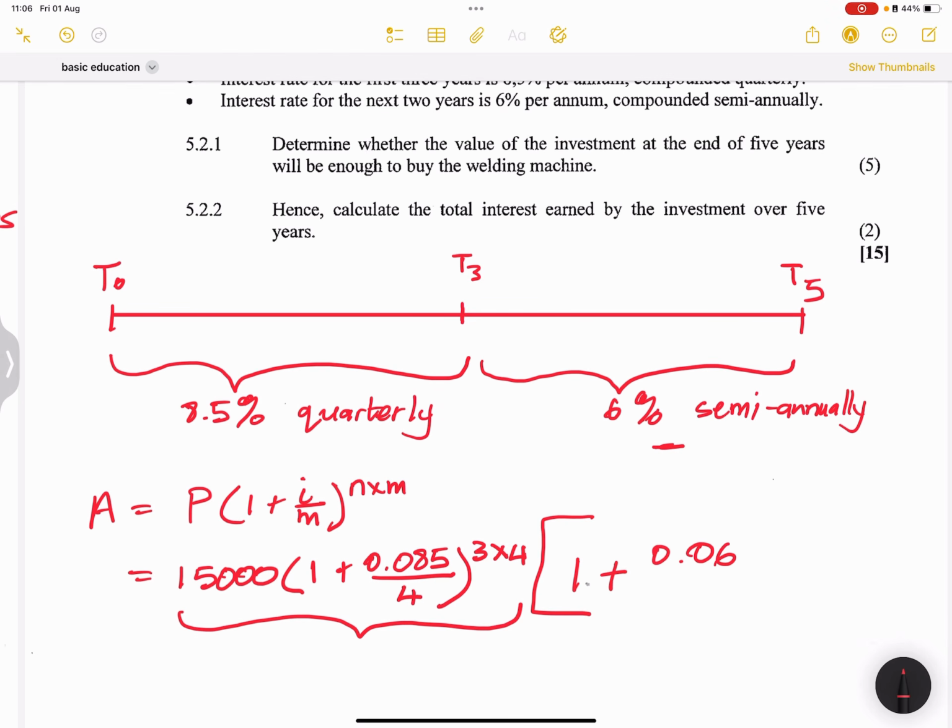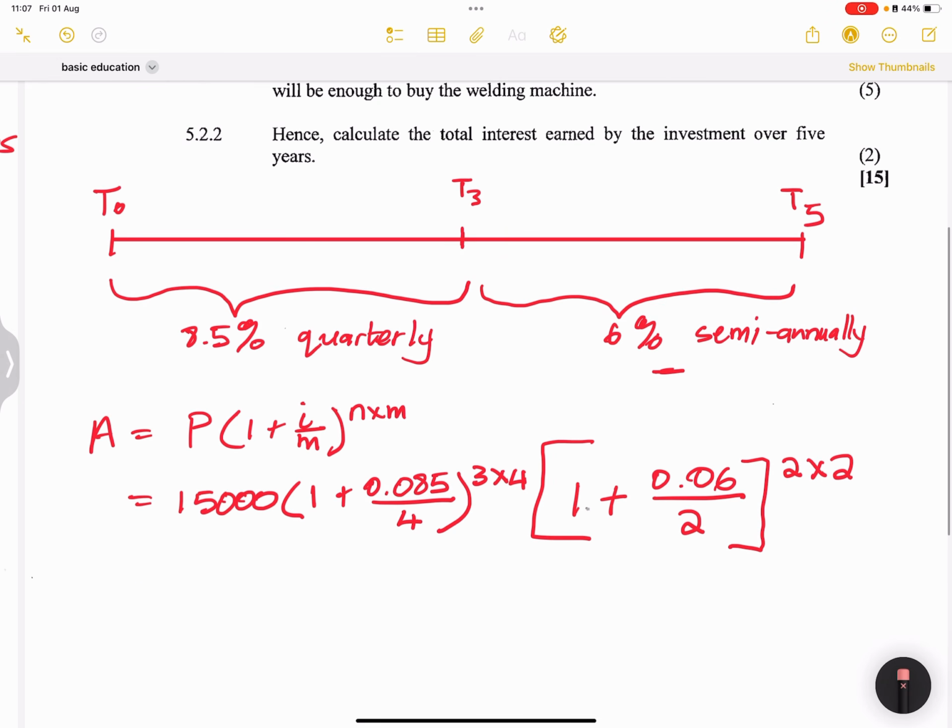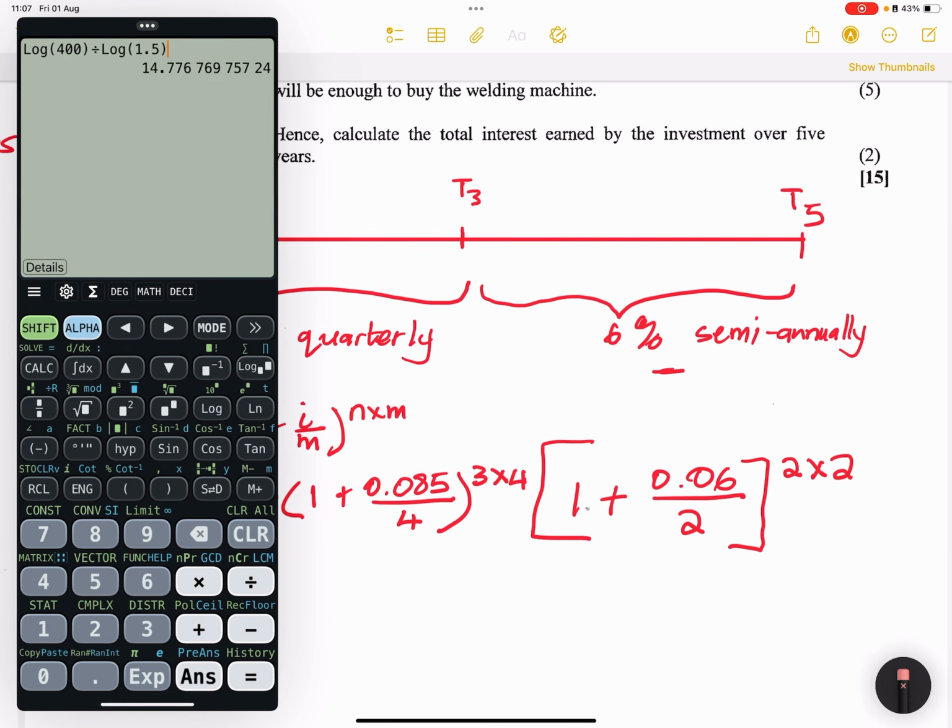They said semi-annually, so m is 2, and this is raised to the exponent. That's 2 years, but semi-annually, that's 2 times in a year. Let's find out what that accumulates to.